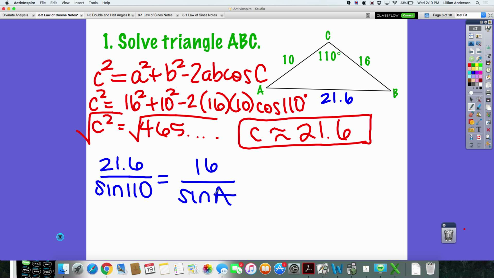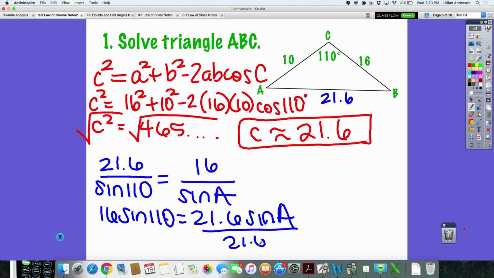So, cross multiply, that's going to be 16 sine 110 equals 21.6 sine A. What am I going to do? And then take the inverse of sine.